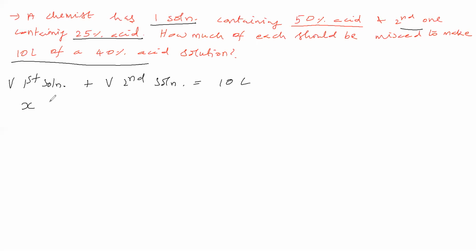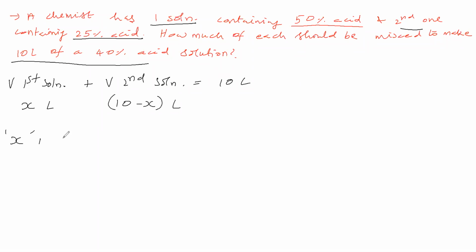So if you take the first solution as x liters, the second solution will be 10 minus x liters, because the total is 10 liters. Now we will see the quantity of acid in the first solution.